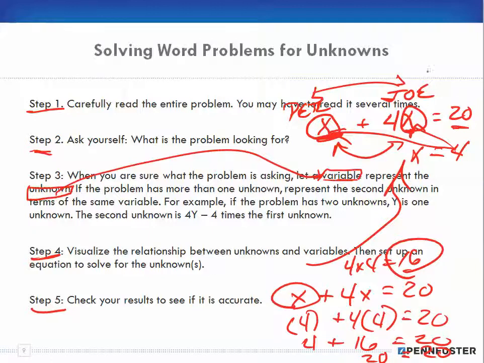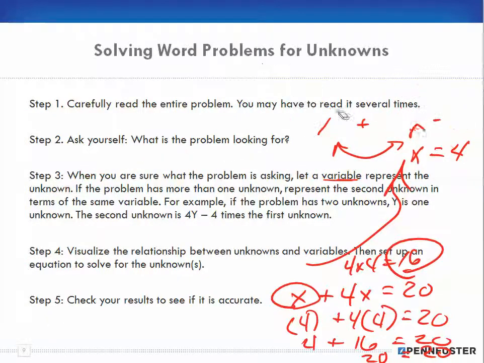Now this was a relatively simple example, and I know I didn't give you a problem. You're going to get plenty of problems as you move forward. But the whole idea here is that these are a pretty good set of steps to follow in solving word problems.